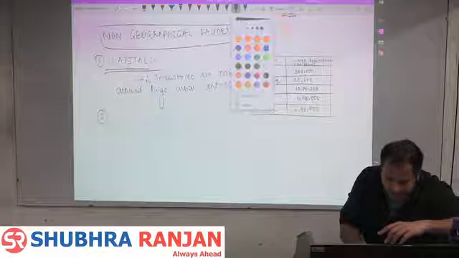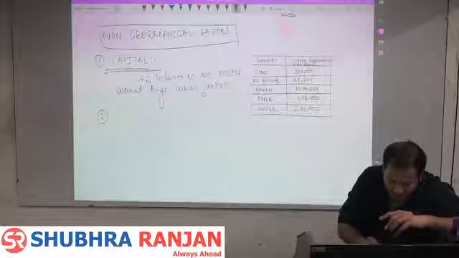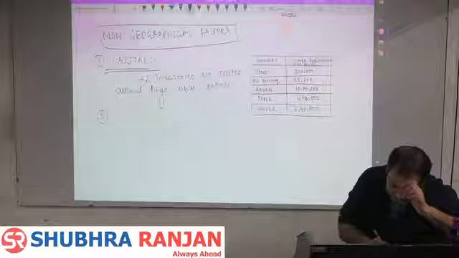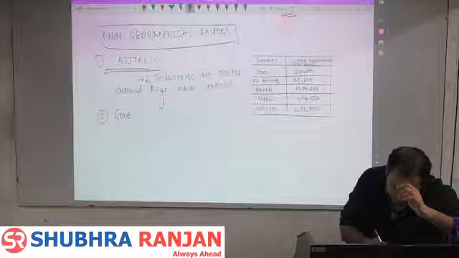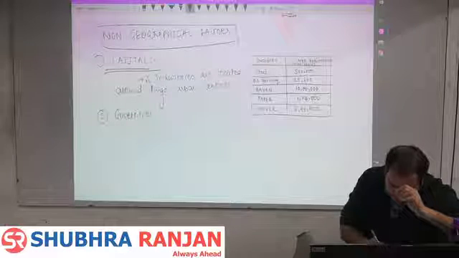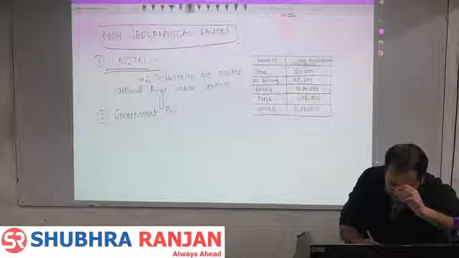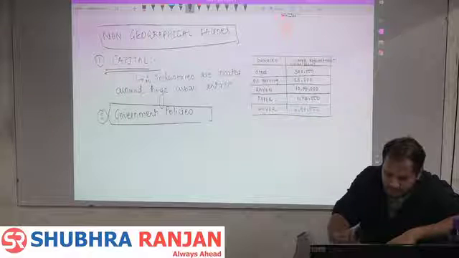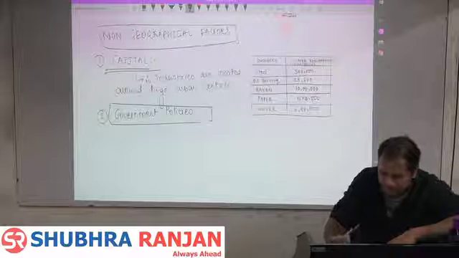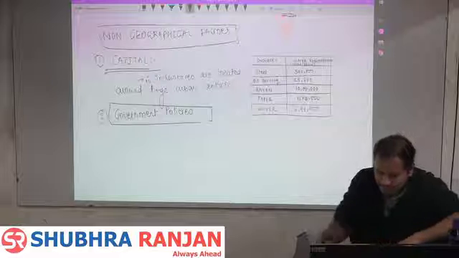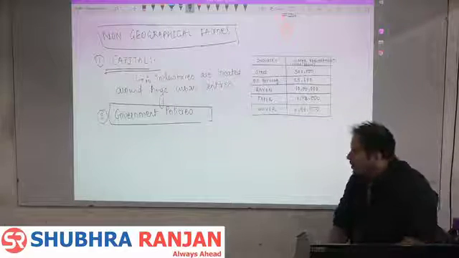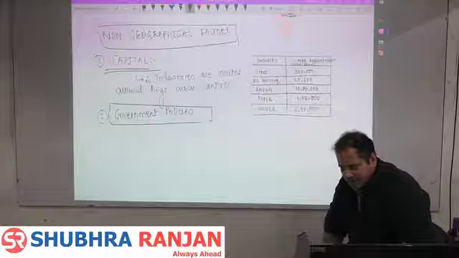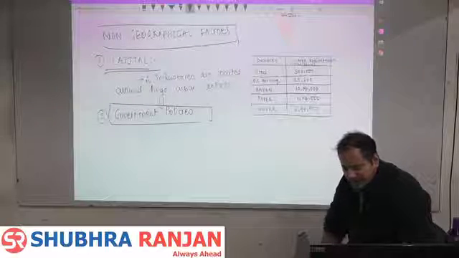Obviously these are not that important from our exam point of view, but if a question comes on factors, you should also mention this. Tell me an example of government policies. I can say location of SEZ, land acquisition policy, labor policy, these are all government policies.